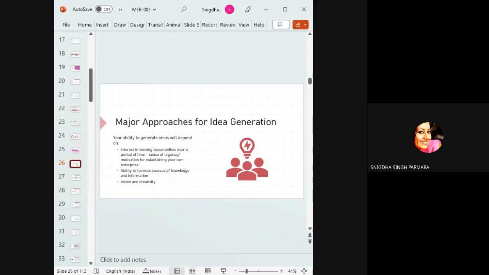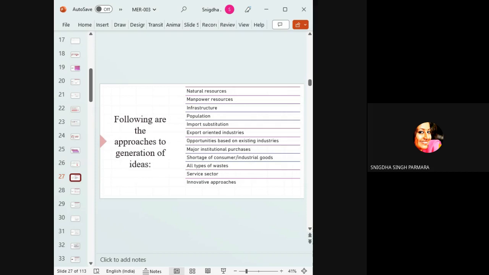Your ability to harness sources of knowledge and information will play an important role. Your vision and creativity will again play an important role in your approach to idea generation. So, following are the approaches of idea generation.